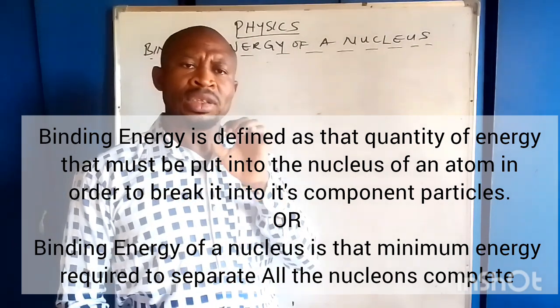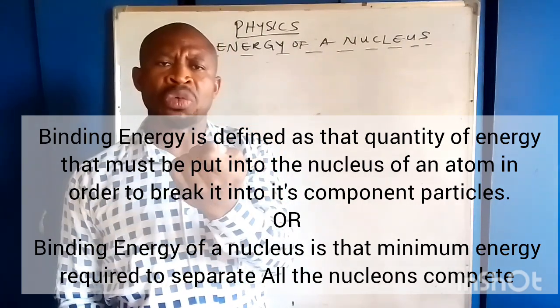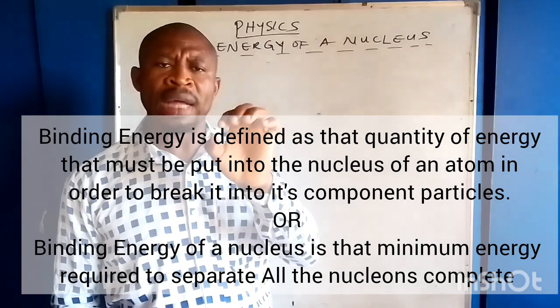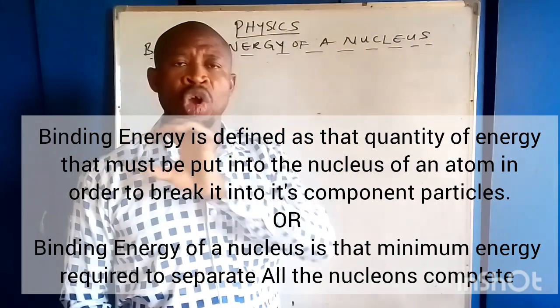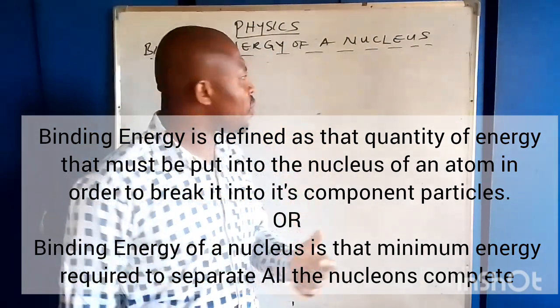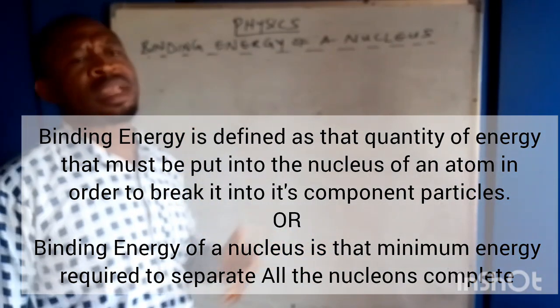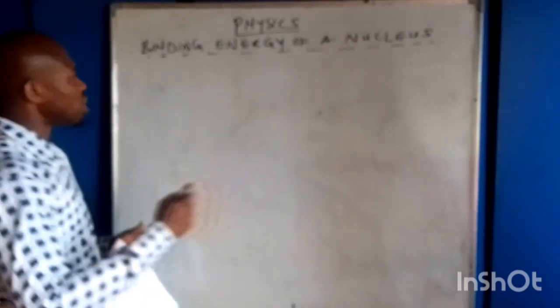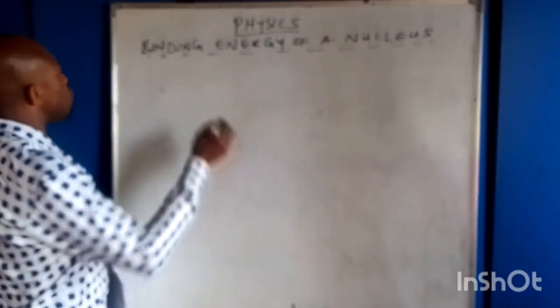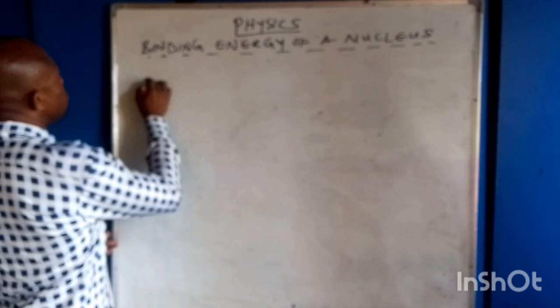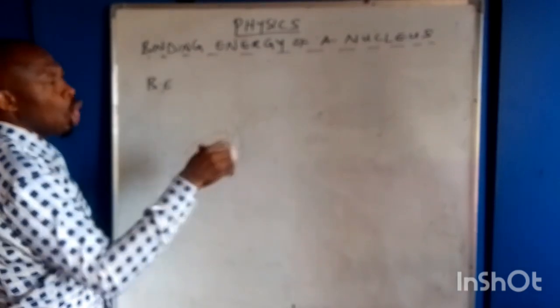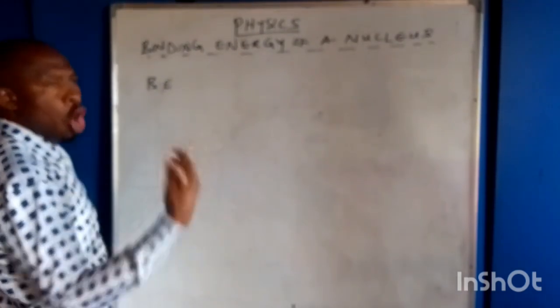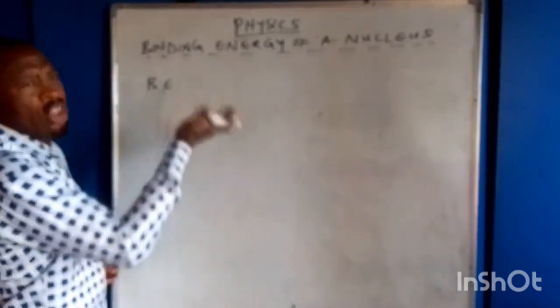So those nucleons that are bound together, the minimum energy required to separate them completely is what we refer to as binding energy. Now, this binding energy can be written as binding energy or as ordinary E. Most books use ordinary E.